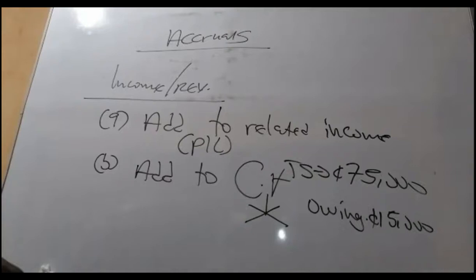How do you treat such? The 75,000 will be given to you in a trial balance, and then we will inform you that 15,000 has not been received. Or we will give you the 60,000, the difference, and tell you that okay, 15,000 has not been received. So how do you treat this?